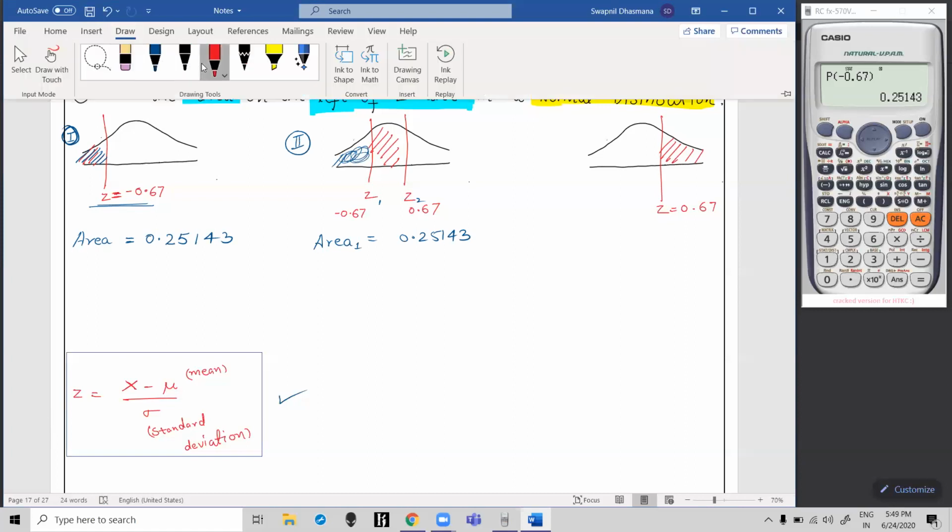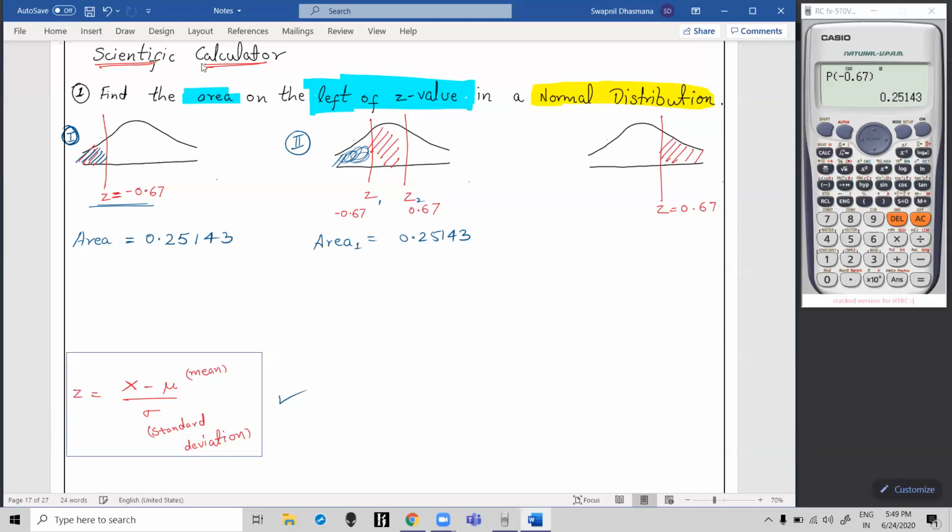Then I find area 2 the same way. I can just use the left and edit this to plus, whatever the value is, or just make it normal, since it's positive by default. 0.74857. Once I have these two values, this 0.74857 is this whole area.